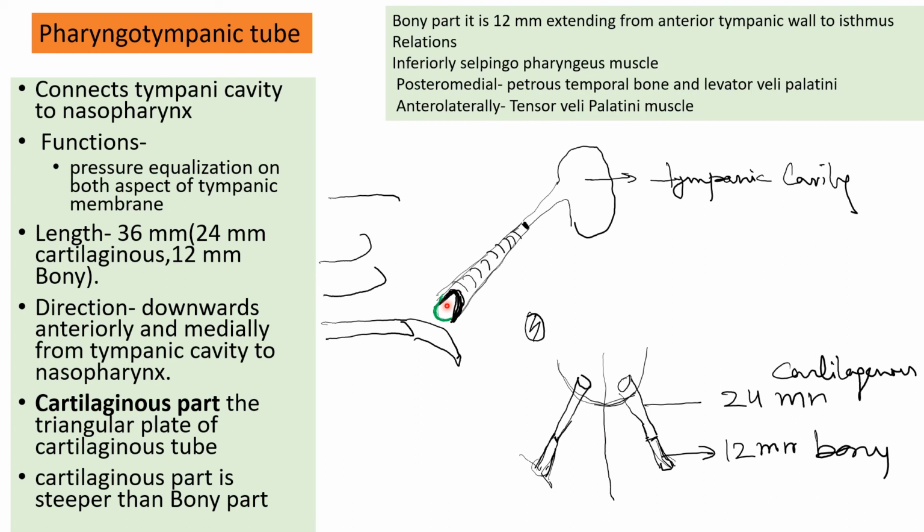Now the cartilaginous part, as I've said, is a triangular plate of cartilage, with a large posterior and medial lamina, whereas the anterior and lateral lamina is thin, may be deficient, and is completed by the fibrous tissue. The apex of this tube, this narrow portion, is in continuity with the bony part, and this narrow portion is called the isthmus of the tube.